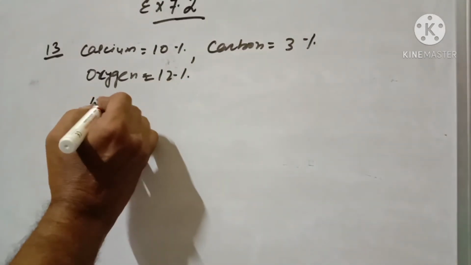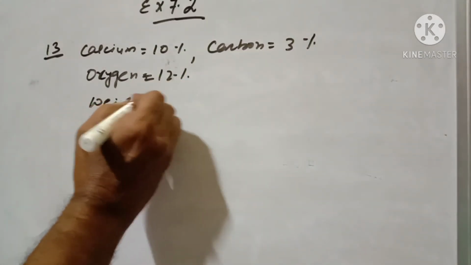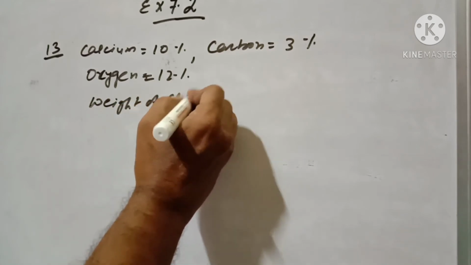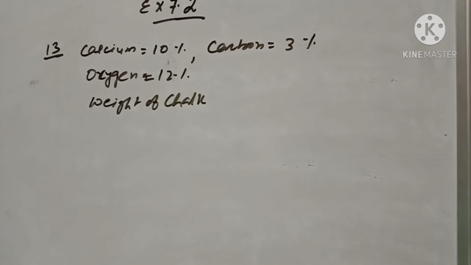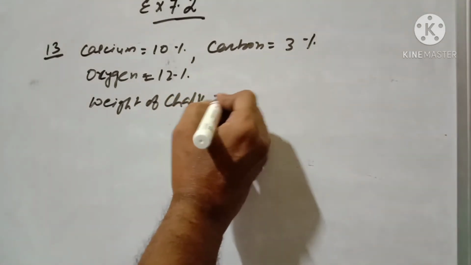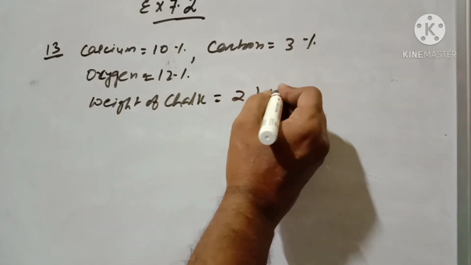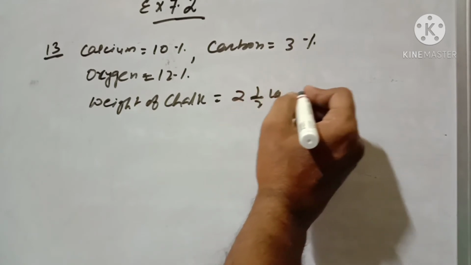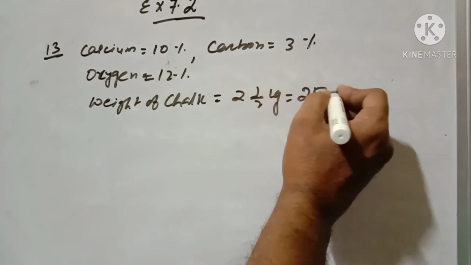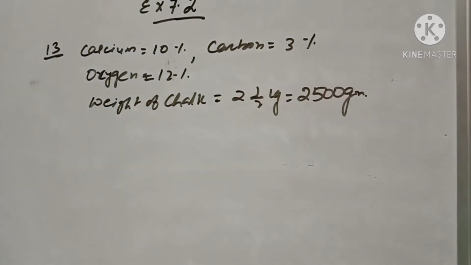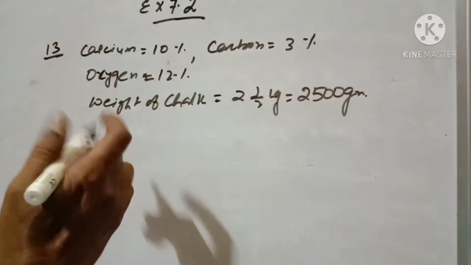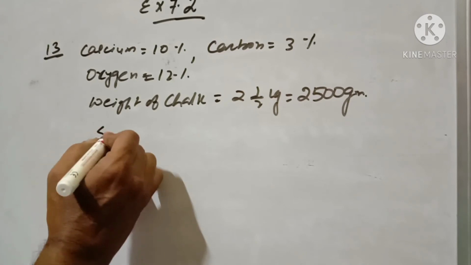Now the weight of chalk equal to, it is given 2 whole 1/2 kg. So I can write 2500 gram. Now they are out of 100%, so we can easily find out the sand percentage.